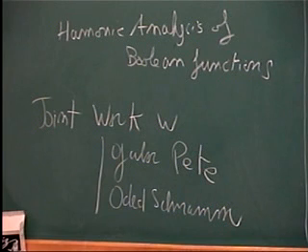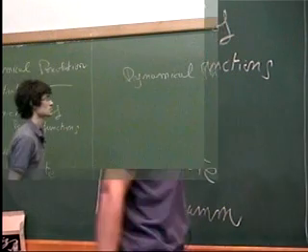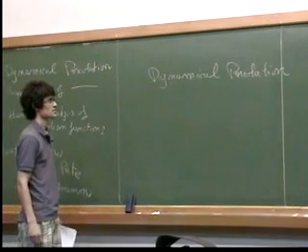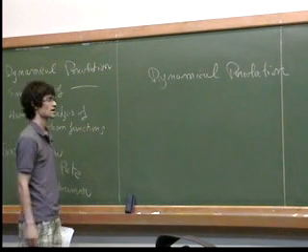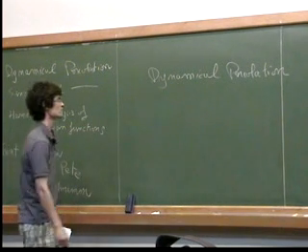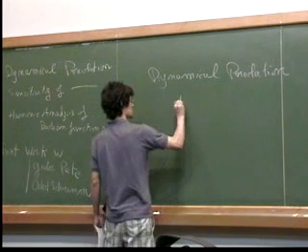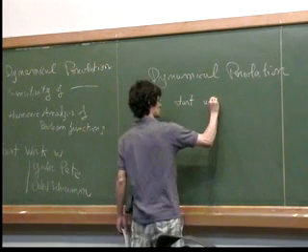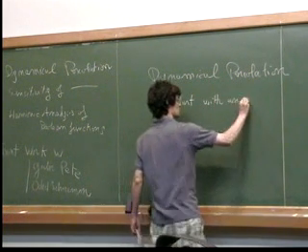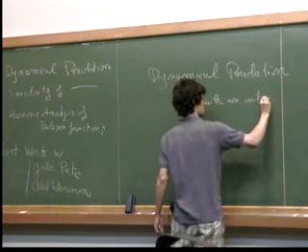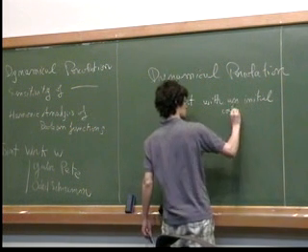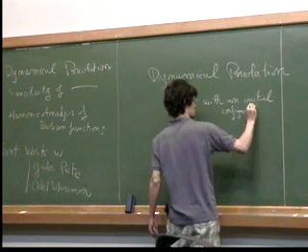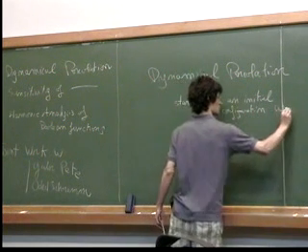So it's maybe the most natural dynamic you can do on a percolation configuration. So you start with an initial configuration omega 0.